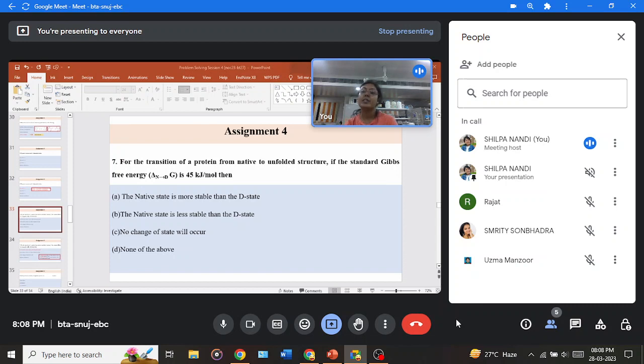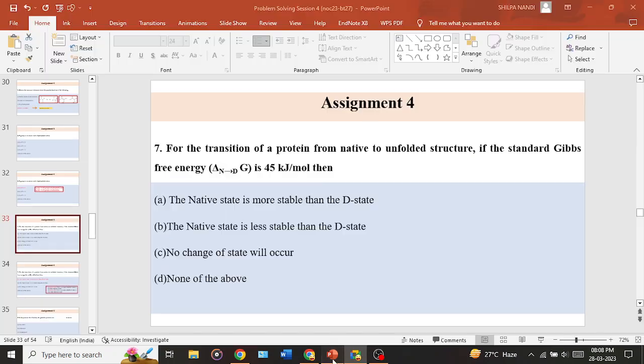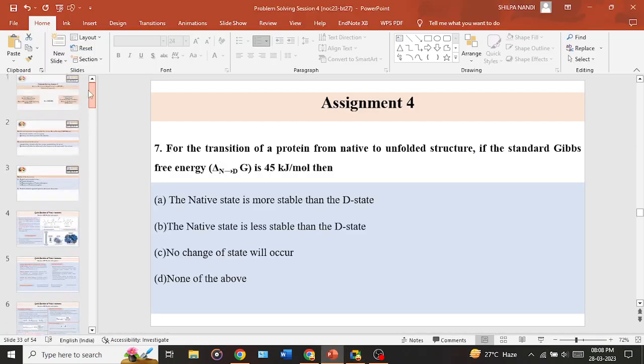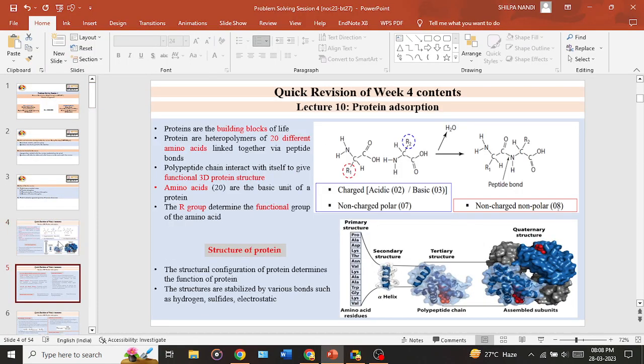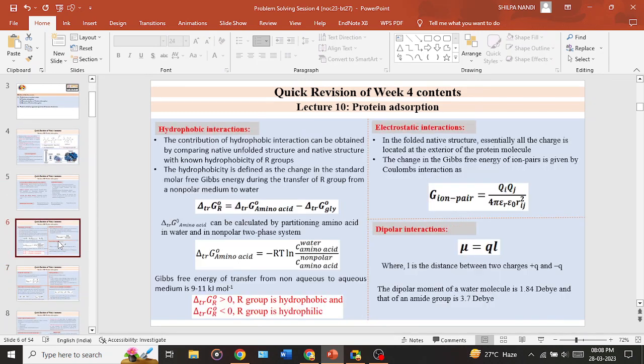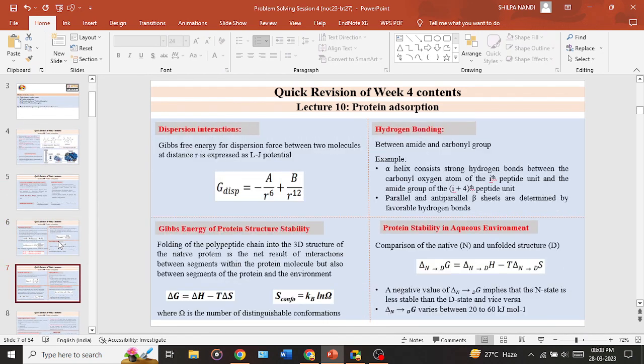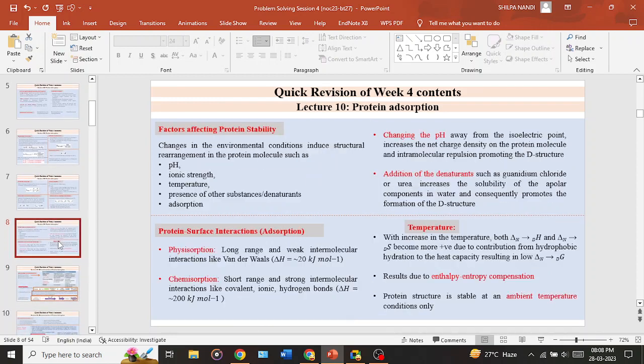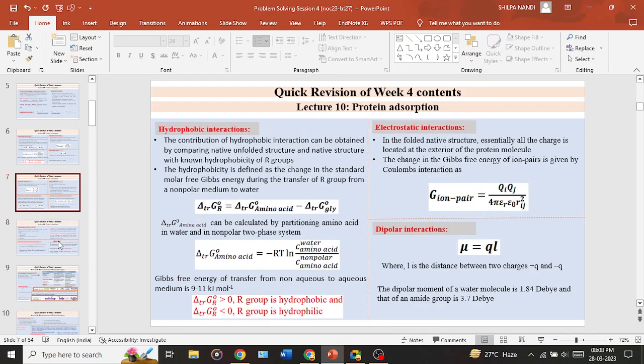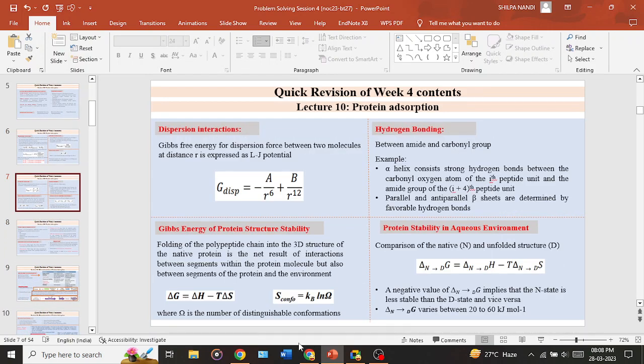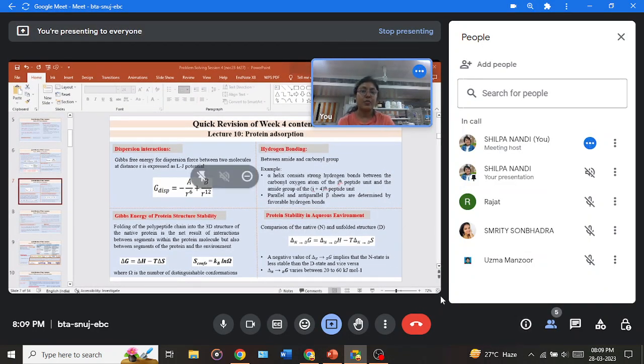If you go through lecture number 10, you will probably be able to give the answer to this question. If we go back and check, we discussed this in the protein stability in aqueous environment.